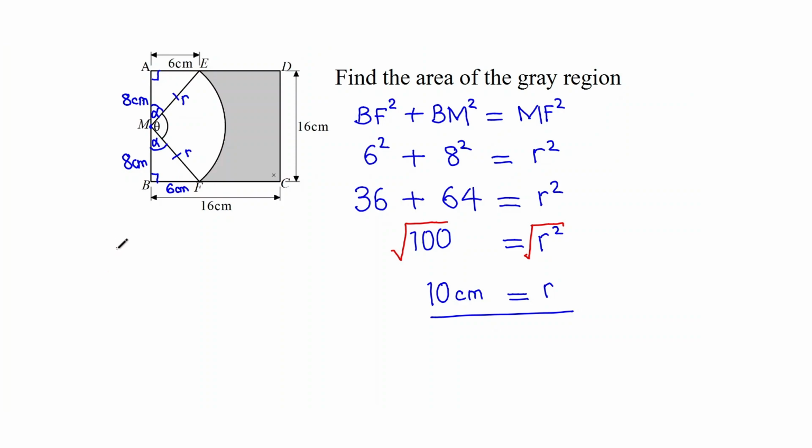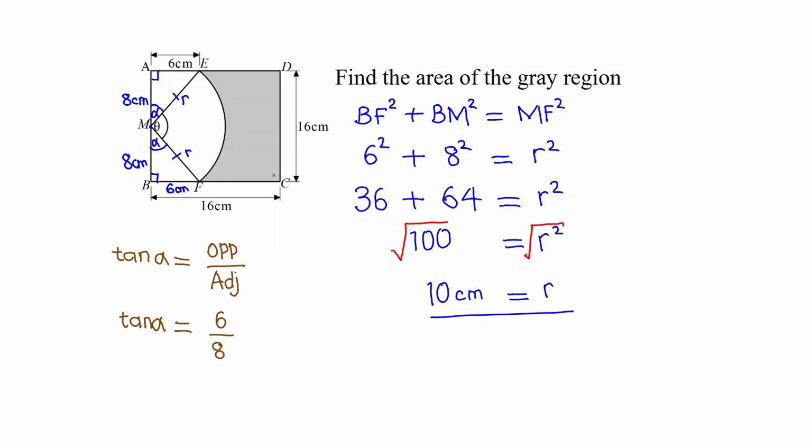So tan of a given angle, for now alpha, is given by opposite over adjacent. Now we can make substitution. Tan of alpha is equal to opposite 6 over adjacent 8.